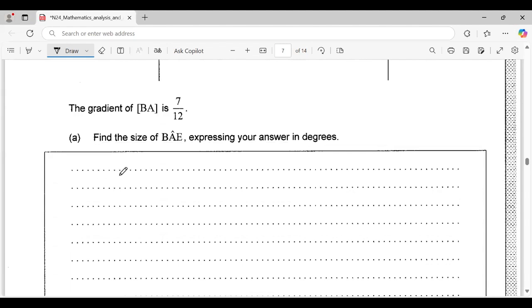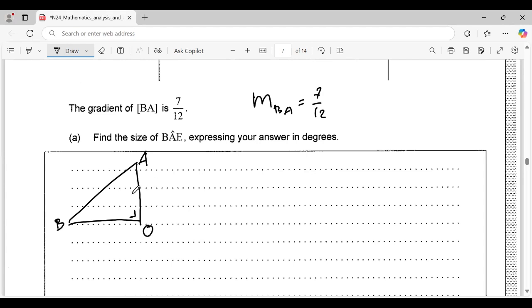All right, I'm going to sketch a right angle triangle. The gradient BA, or m of BA, equals 7 over 12. If this is B, this is A, and this is, for example, O, the gradient is 7 over 12.